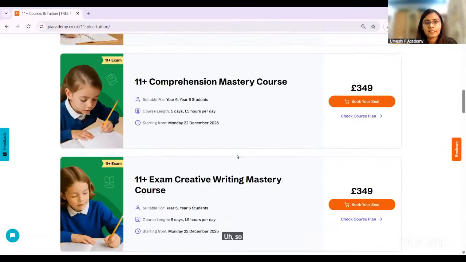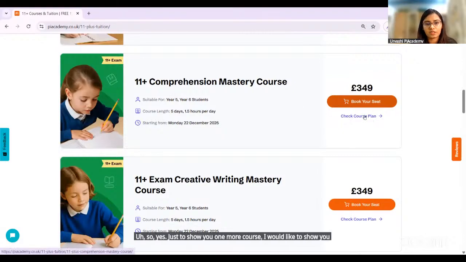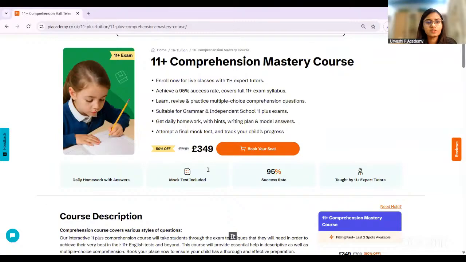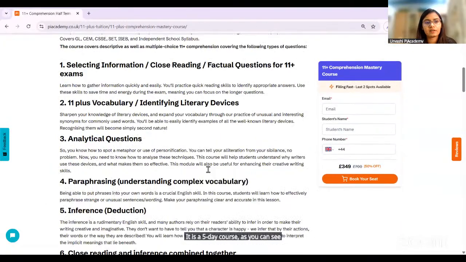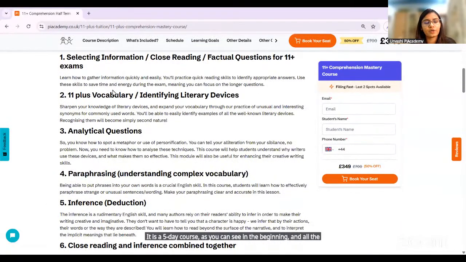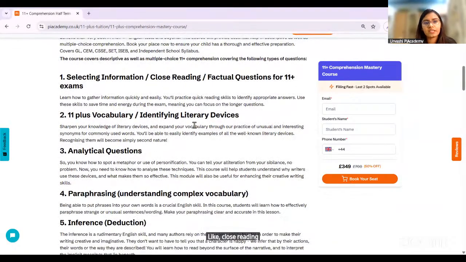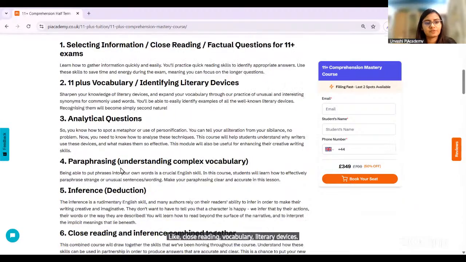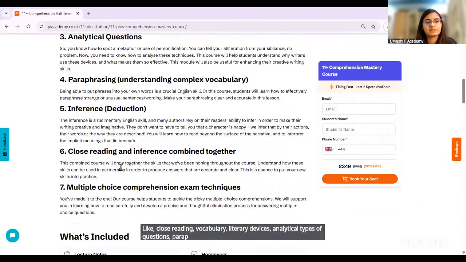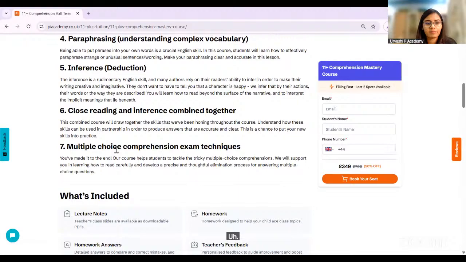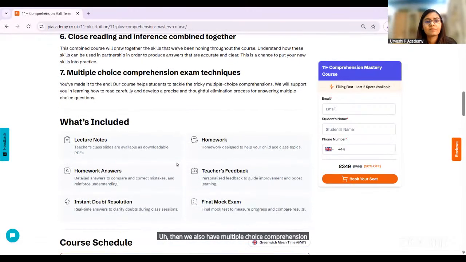Just to show you one more course, I would like to show you the comprehension mastery course. It is a 5 day course, as you can see in the beginning. All the question types we are going to cover are here, like close reading, vocabulary, literary devices, analytical types of questions, paraphrasing, and inference. Then we also have multiple choice comprehension questions.